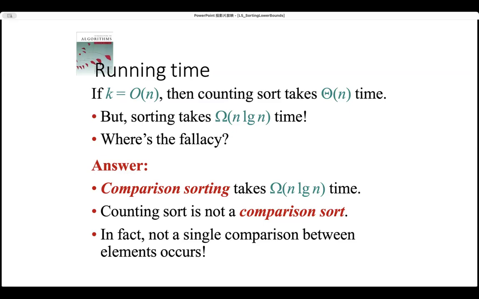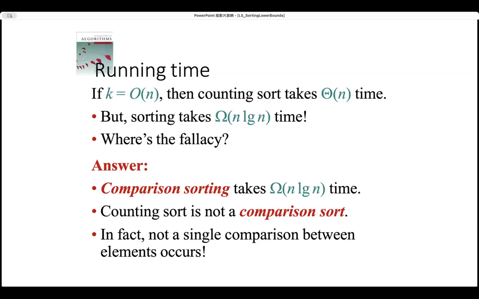So the counting sort is the first algorithm that you have learned, including data structures, that will run in linear time, assuming that k, the range of these values, is not too big.